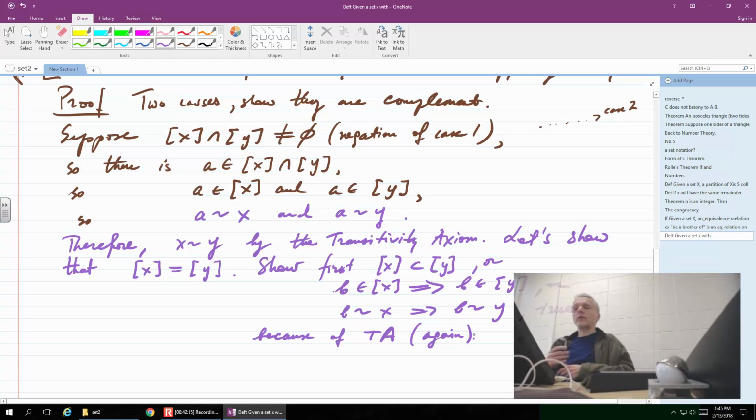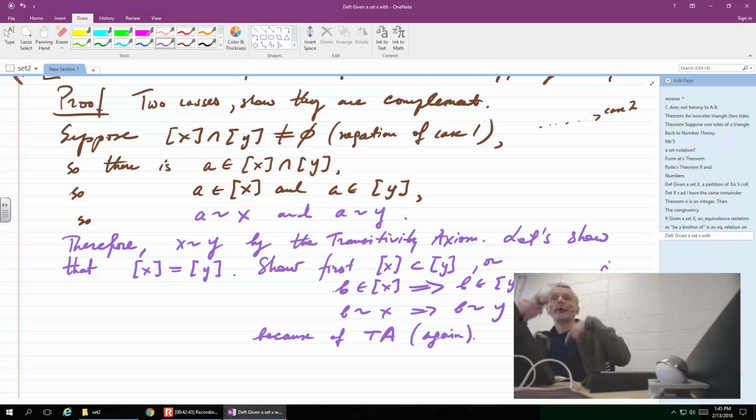Okay, so you can reverse this order in order to be really precise. So by the transitivity axiom, I'm going backwards then, like this. If B is equivalent to x, then B is equivalent to y. Why? Because x and y are equivalent. Then furthermore, if B is in the equivalence class of x, then it is in the equivalence class of y, which means that the former is a subset of the latter.